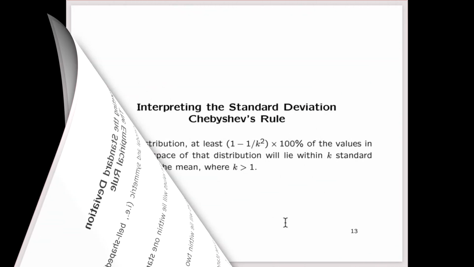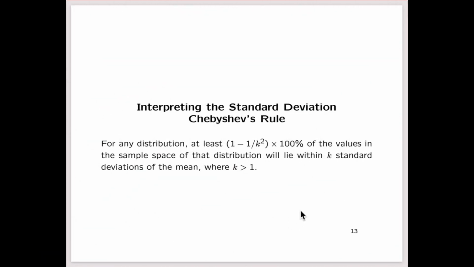Now, what if we're dealing with a distribution that is not symmetric? It's not bell-shaped, all right? So perhaps it's got a lot of asymmetry, maybe a lot of skewness. For example, if we're analyzing income data, then income data tends to be right skewed.